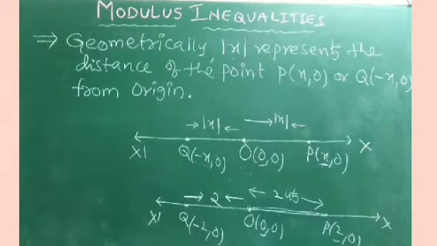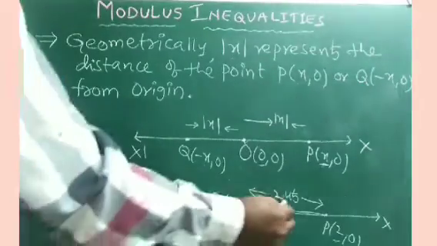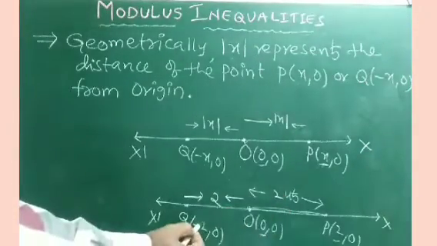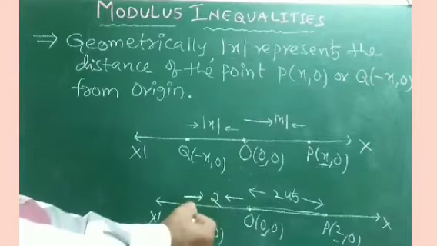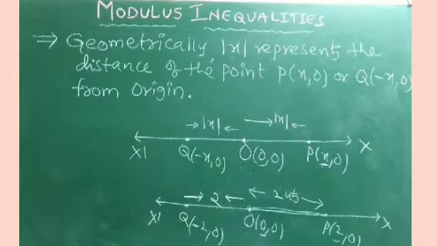That's why I gave the second definition: let x be any real number, then the magnitude of x is called its absolute value. Here 2 is the magnitude, isn't it? The minus indicates only direction, the negative direction. We don't want direction, we want only magnitude. This is the representation of modulus of x according to geometry.